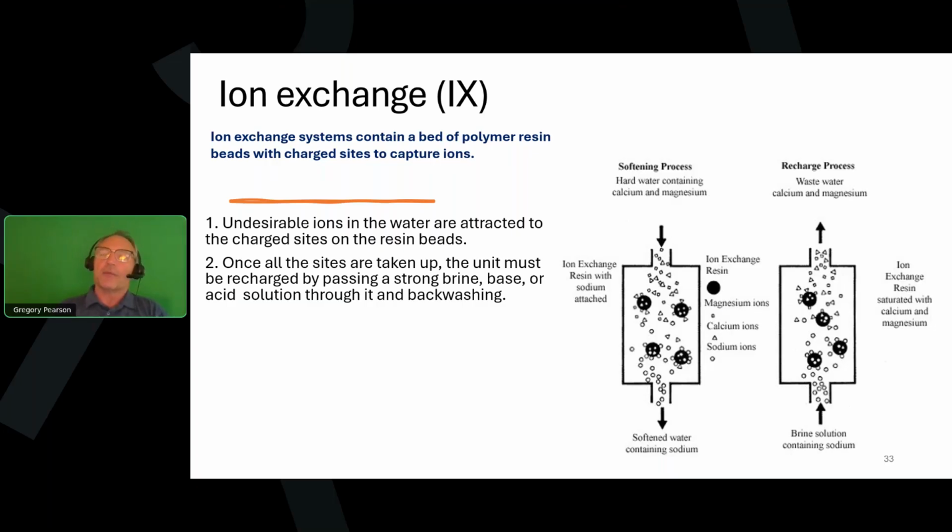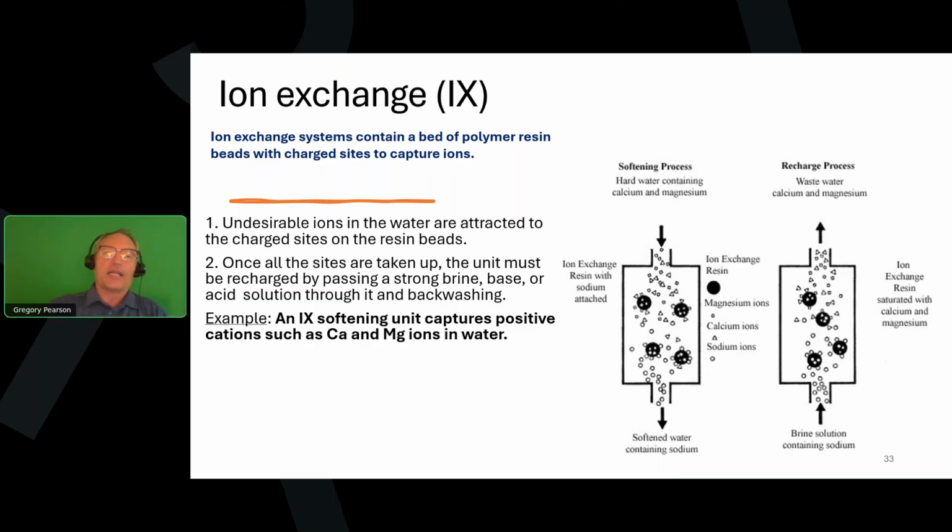So if you're trying to remove a +2 calcium, you probably have a -2 connection site. And it has a limited number of sites. Once all the sites are taken up, you have to backwash it. And if you're doing a softener, you'll backwash it with a strong salt solution. And the sodium ions will wash out all the contaminants, and they'll recharge all those sites.